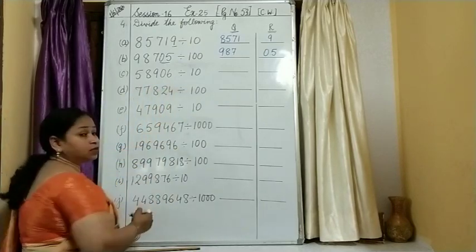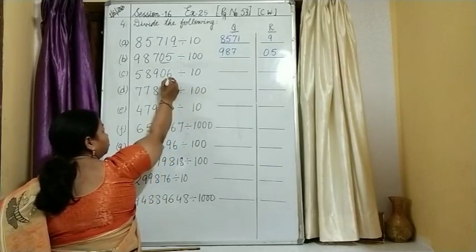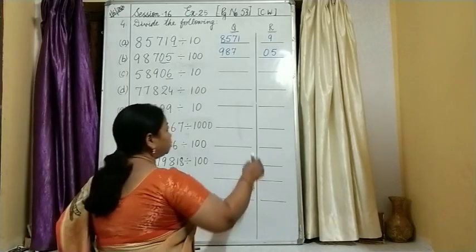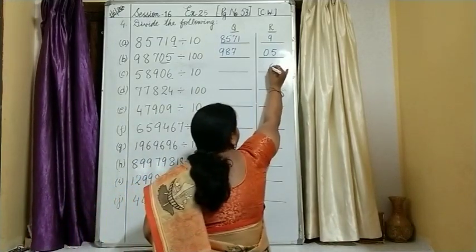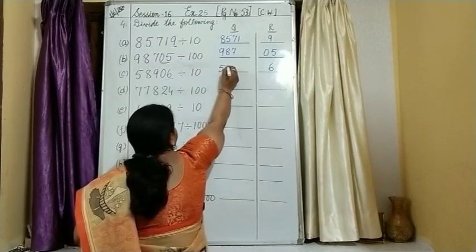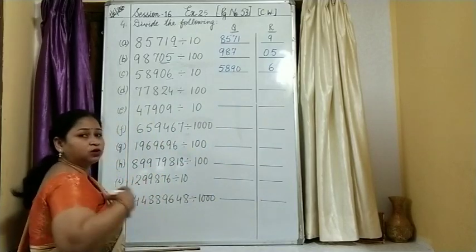58906 divided by 10. Now, in 10 we have 1 0. So, I will underline 6 over here. First of all, I will write my remainder as 6 and the quotient will be 5890. Understood?